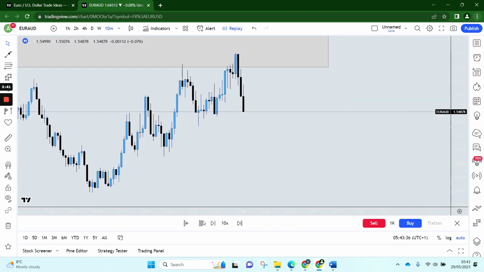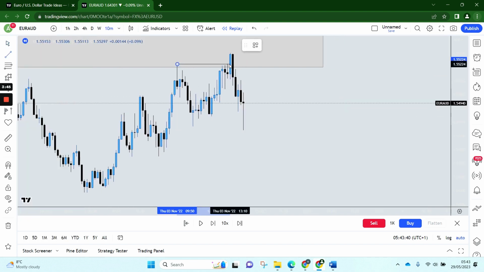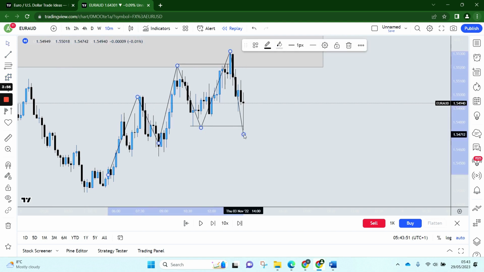Let us wait for that. Cool. Identify where your breaks of structure are. So this is a BOS, and this is now a change of character. This is a bearish change of character. Now this signifies to us that the internal structure has switched bearish at this higher time frame supply, at a higher time frame higher high.